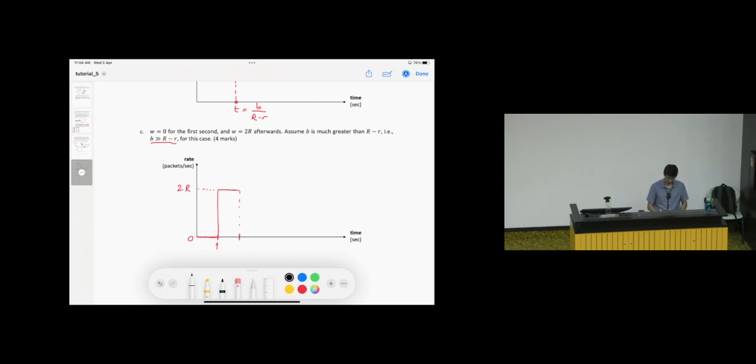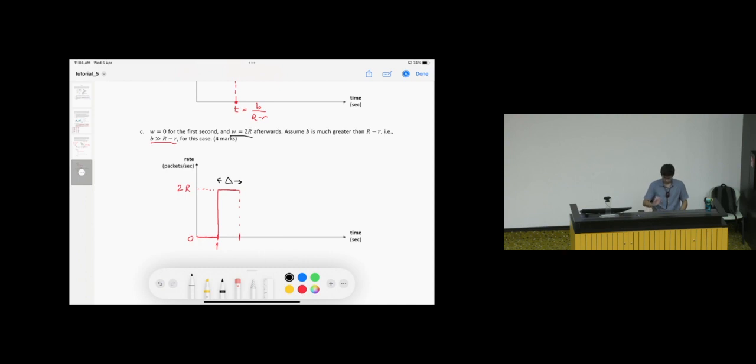Right? This is what the question tells. My output rate is 2R, and I know that there are packets in the queue, so those packets can be very quickly pushed into the link. But I need to find the length of this interval. Let's call that delta. Okay?